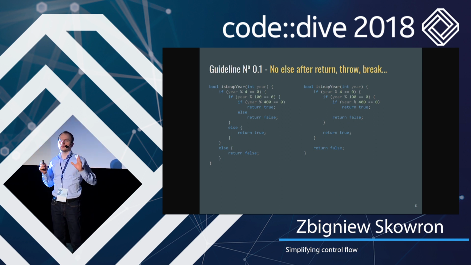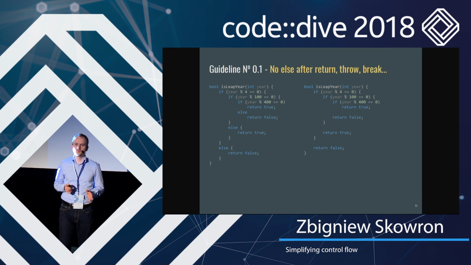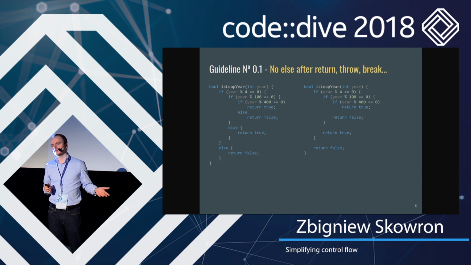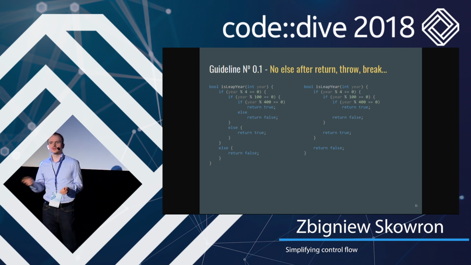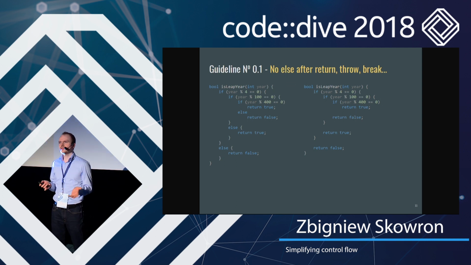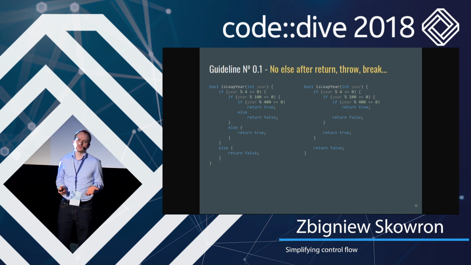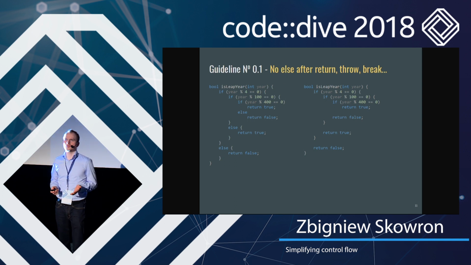If we apply this one simple rule, we take the code on the left to look like the one on the right, which is slightly better. It's still bad, but it's slightly better. It's a little bit easier to understand.